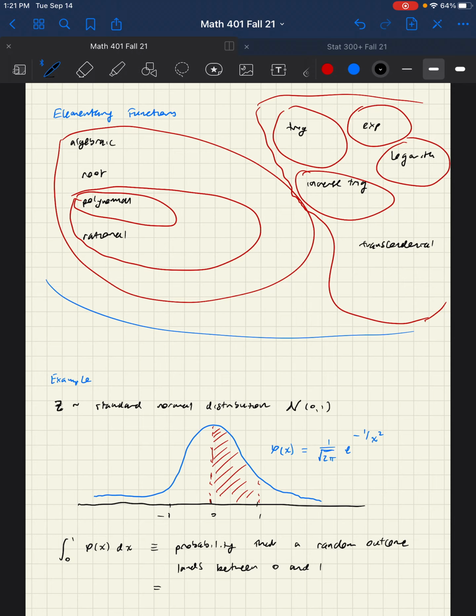In fact, we just kind of call it, we would use this new function called capital phi of 1 minus capital phi of 0, and this capital phi can't be expressed in terms of elementary functions. It can only be expressed as an integral.